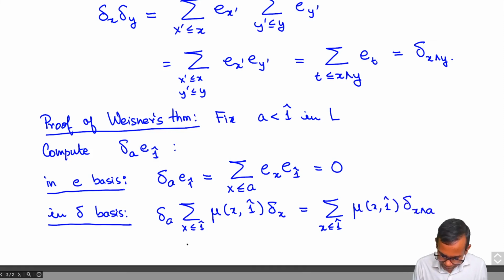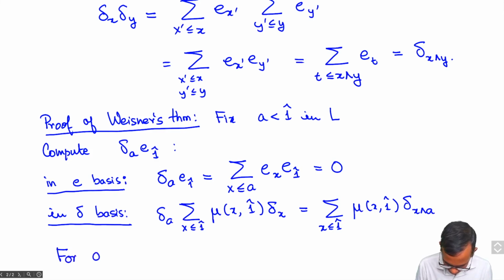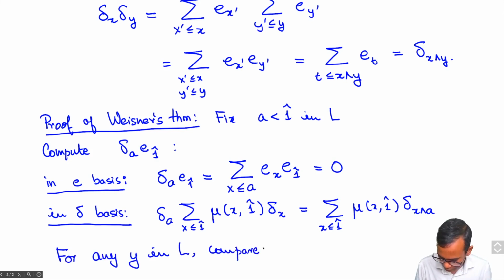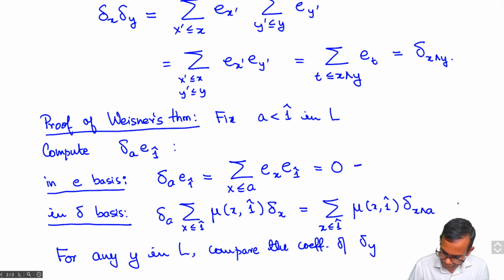Now for any y in L, compare the coefficients of delta_y in this 0 and in this vector. These are equal, right?